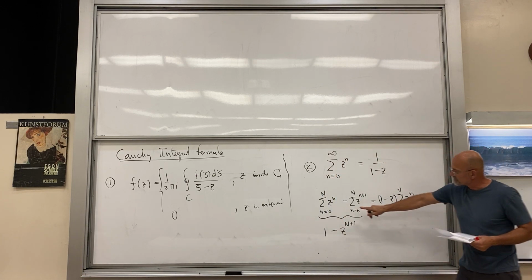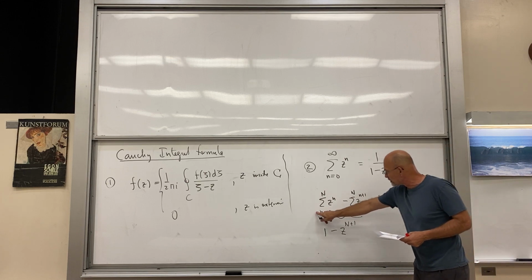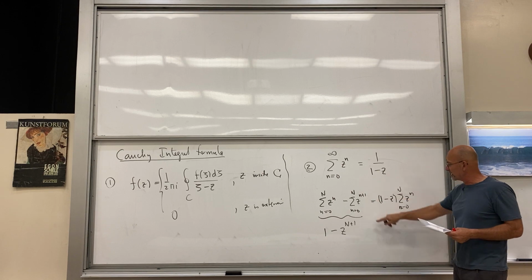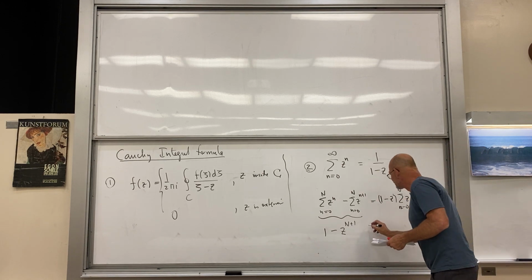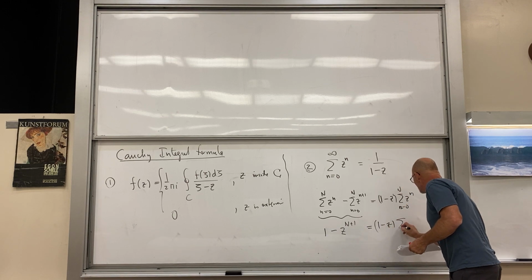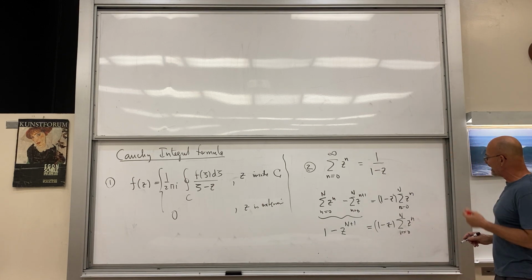Just look at the difference of all the terms in here. This is a finite sum, this one starts with 1, this one ends with z to the capital N plus 1. That equals 1 minus z times the sum of z to the n, n equals 0 to N. So that's just an arithmetic fact.